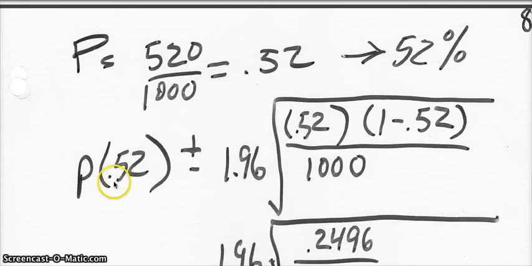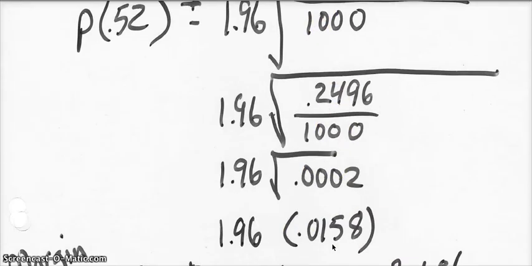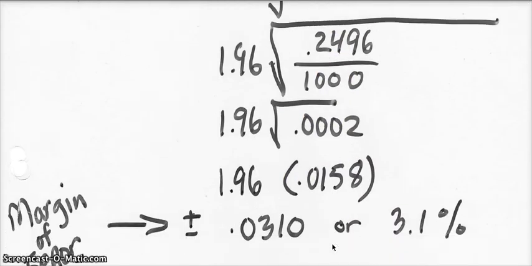So we'll have 0.52 plus or minus 1.96, the z-value, times the square root of 0.52 times 1 minus 0.52, all divided by 1,000. And that should give you 0.031, or 3.1% is your margin of error.